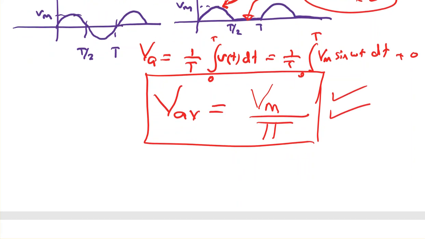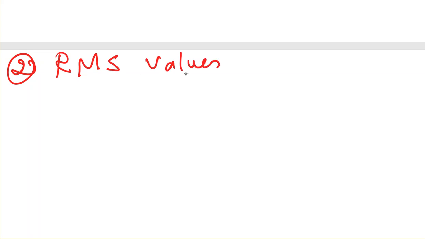The next parameter we have to talk about is called the RMS value. So the second parameter is the root mean square value, the RMS value. Okay, I'm sure that you were exposed to this one before. And again, the definition is root mean square.